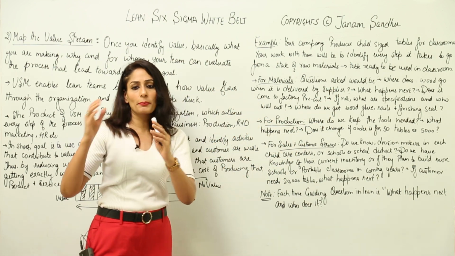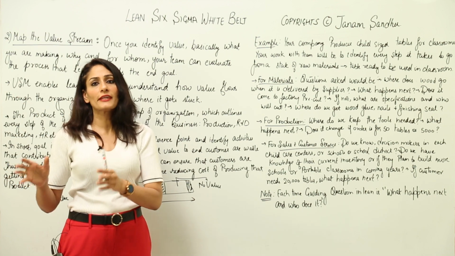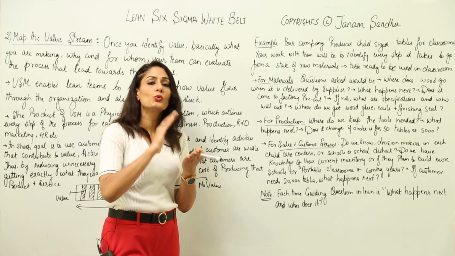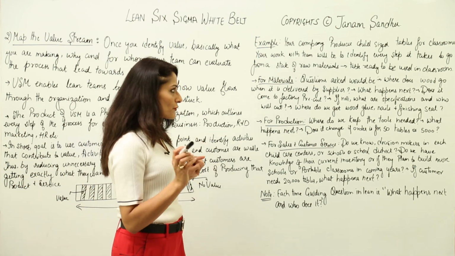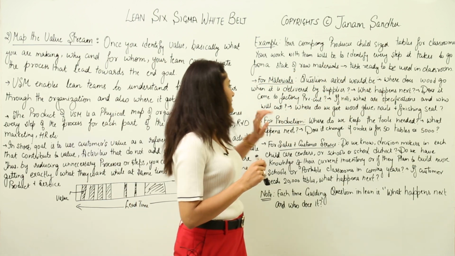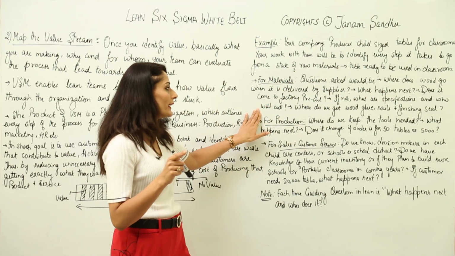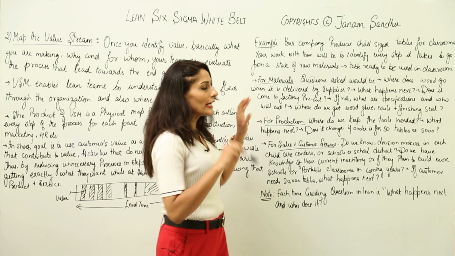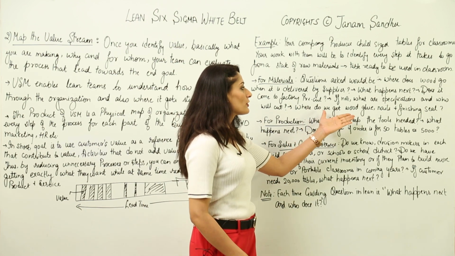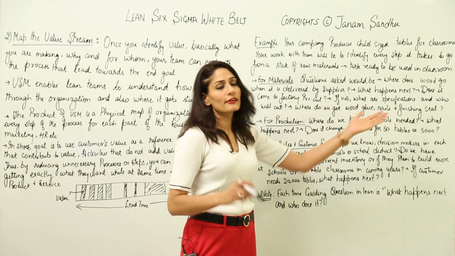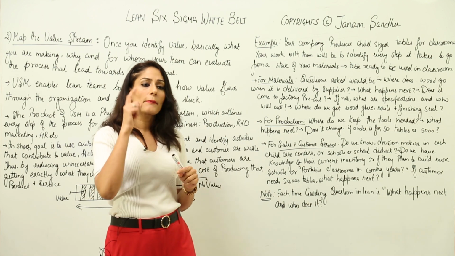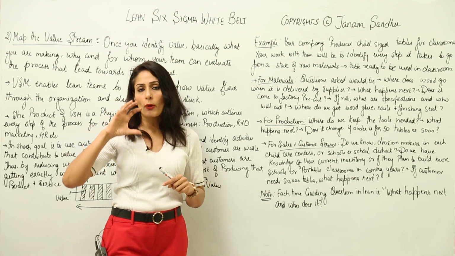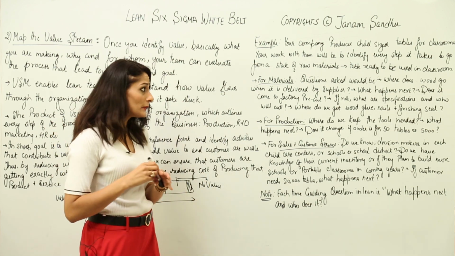This means your supplier is providing the pre-cut wood that you just need to fix with glue and nails and all that. If not, what are the specifications and who will cut it, right? Then you will ask questions about where we will get the wood glue, nails and the finishing seal. So this is about how you are going to get your raw materials for making the table, fine.